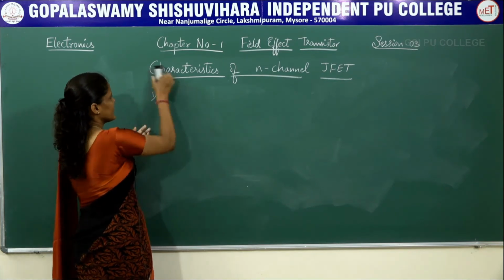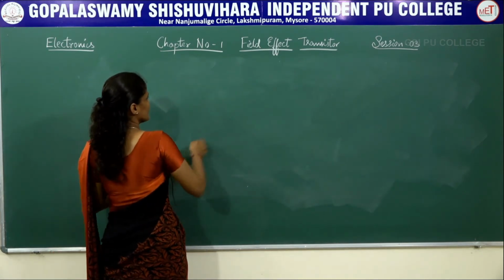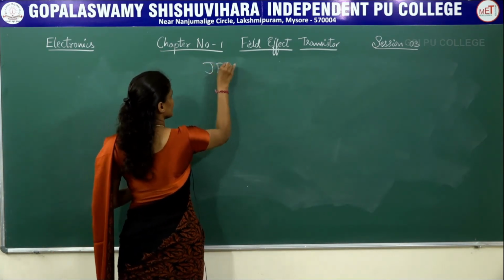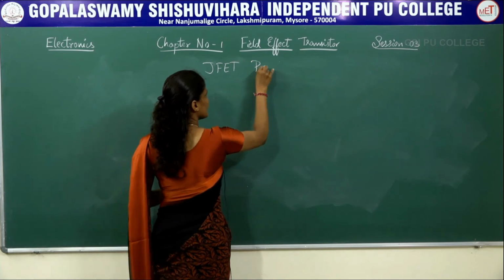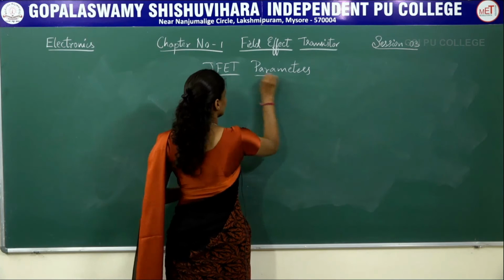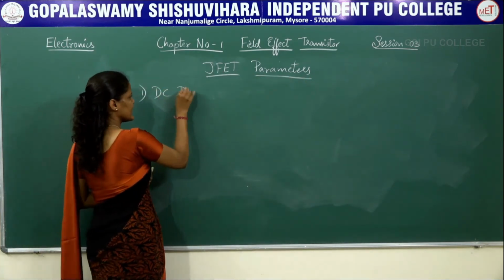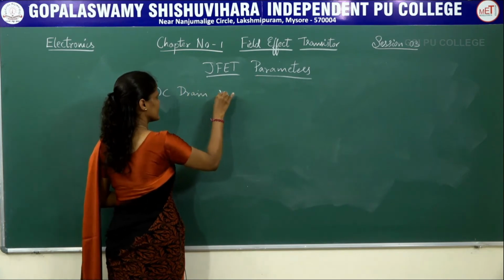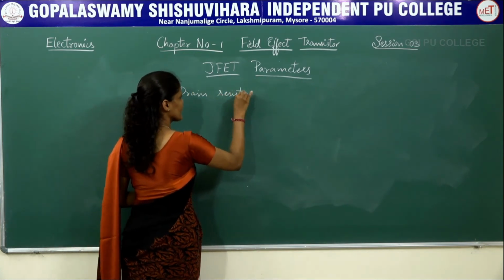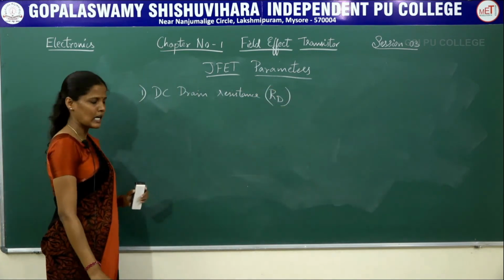Now we are going to see the JFET parameters. So the very first parameter is DC drain resistance, which will be represented by RD.